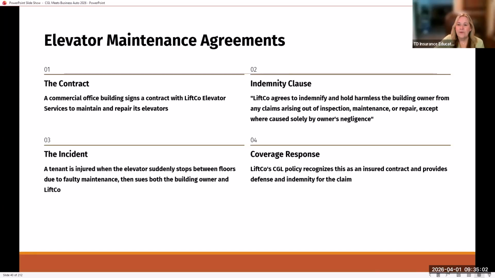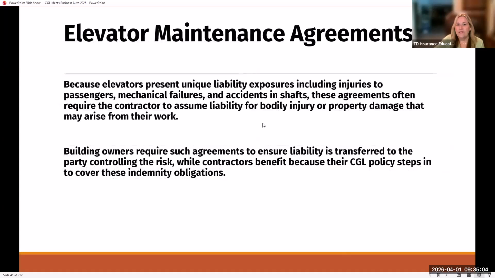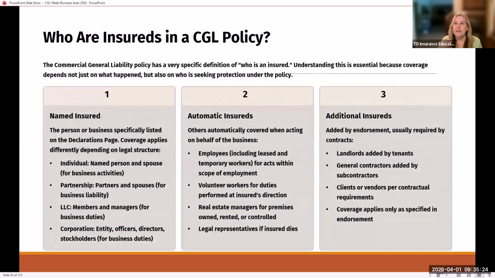And so this is a situation where if a customer were to injure themselves in the elevator because of something the elevator company did, and they of course are going to sue the building owner, the owner will be protected under their policy. Okay, so again, some different things there that are called insured contracts, and those are okay.